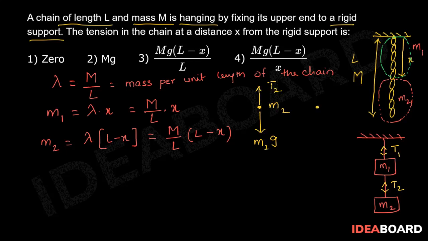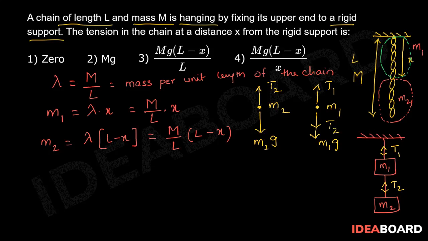And if we draw free body diagram on m1 mass, its weight m1G acts vertically downwards, T1 tension acts vertically upwards and T2 tension acts vertically downwards.